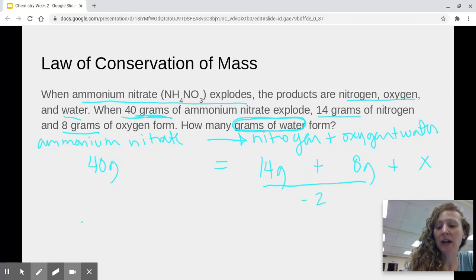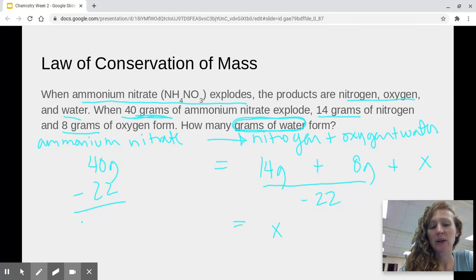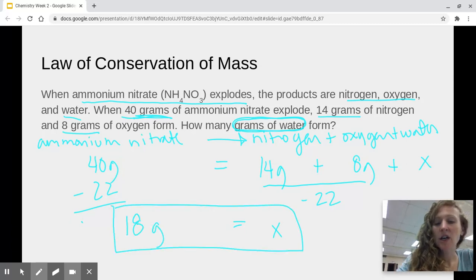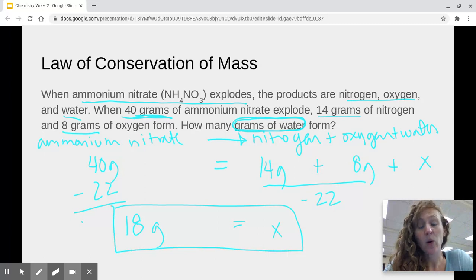So I'm just going to subtract 22 from both sides. I want to get that X by itself. So now X is by itself on one side of the equation, and I have 18 grams on the other side. So 18 grams of water must have been formed.